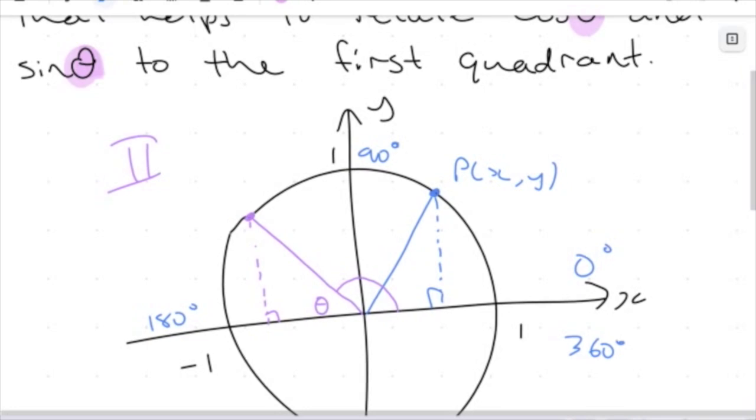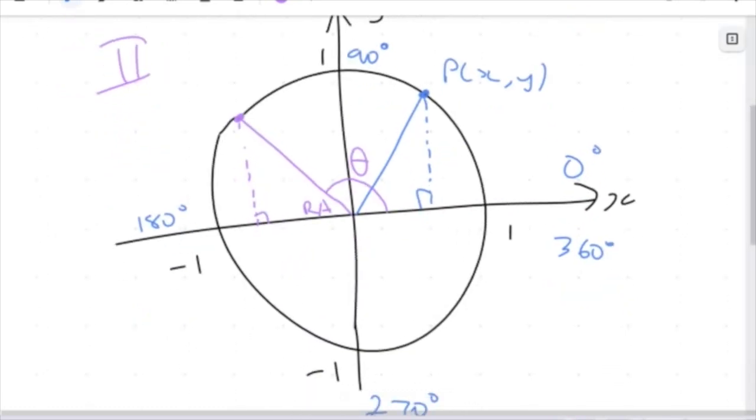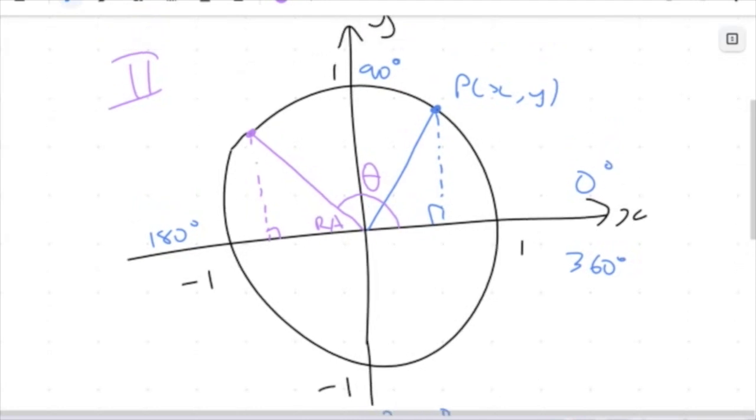What we're going to do here is we have my reference angle, so let's call this RA, reference angle. Let's say we had some angle theta, some obtuse angle. Now I can find my reference angle in the second quadrant by looking at the supplementary angle relationship.